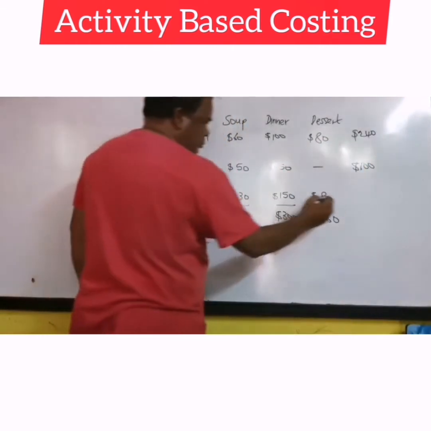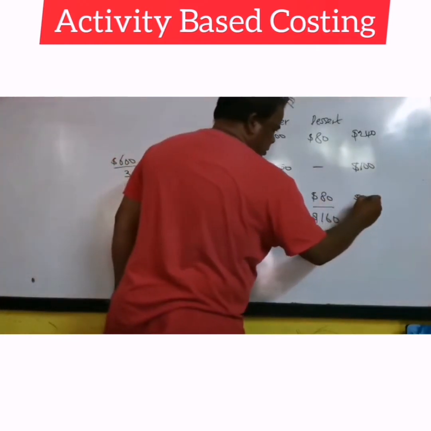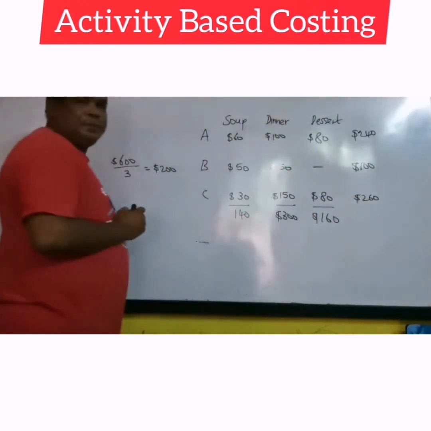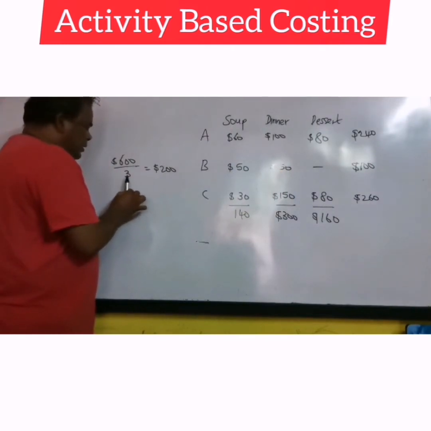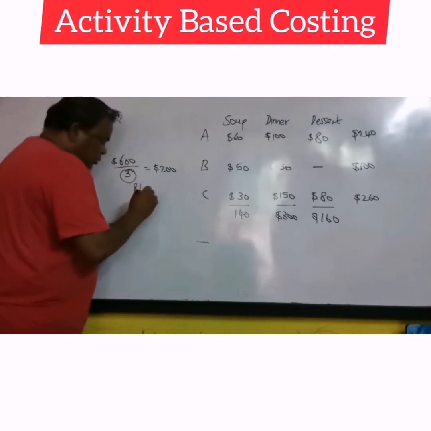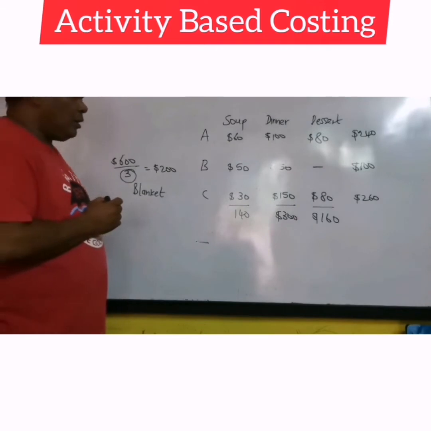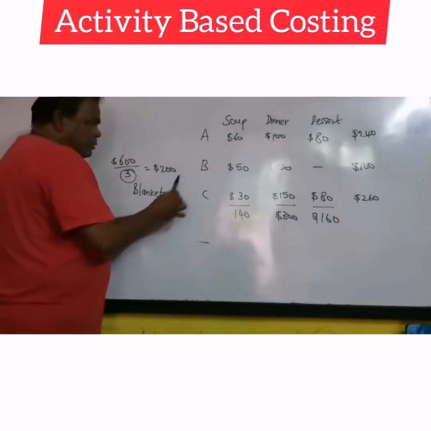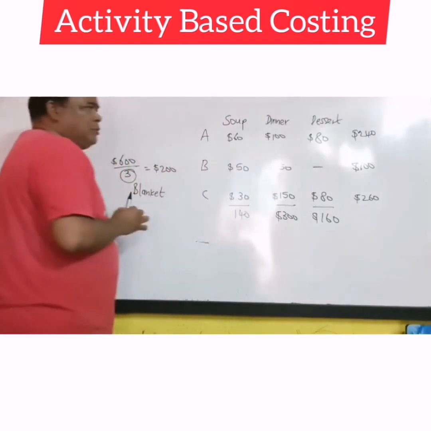And C has to pay $260. Okay, now what happened? The cost per unit has been calculated by using a blanket rate. This is called a blanket rate, number of persons. Else, it could have been calculated individually for each.